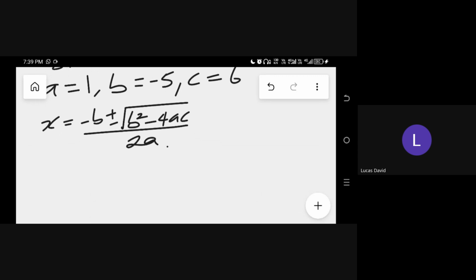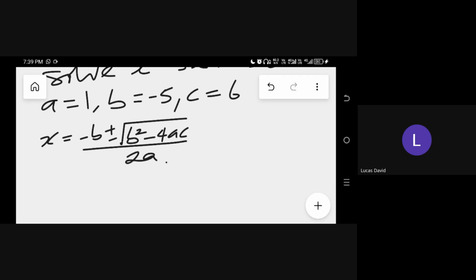This is the formula you're using. So you're now expected to substitute these values of your A, your B, and your C into the formula. When you substitute them, you will subsequently be able to see what to do.